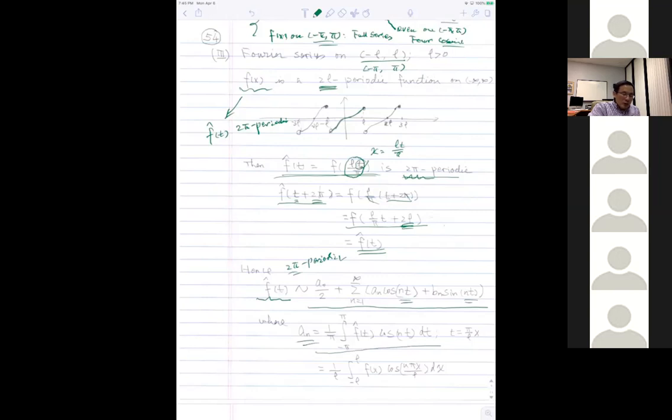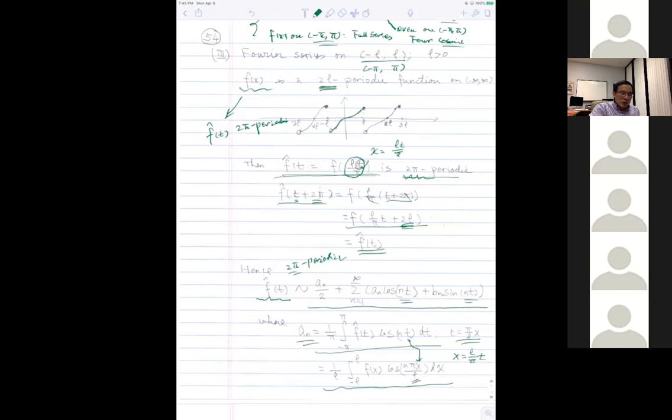Now, I want to substitute back, using this substitution. Remember, x equals Lt over π, so therefore t equals π over L times x. I just use this substitution here, then I get this formula.